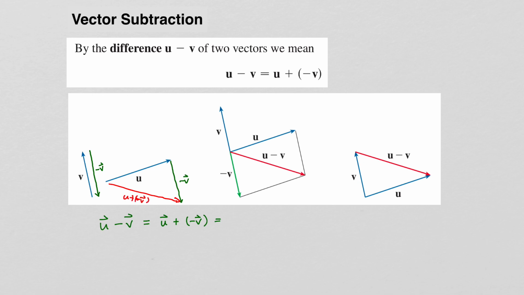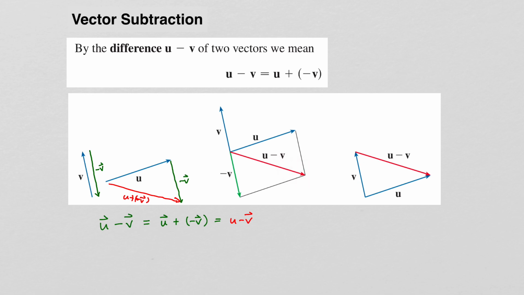Okay? And that is the vector u minus v. You can see that right there. So there's a better picture here of what I just talked about. So here I take the vector u, and I take the vector negative v, and I can attach negative v to the end of u, giving me u minus v.